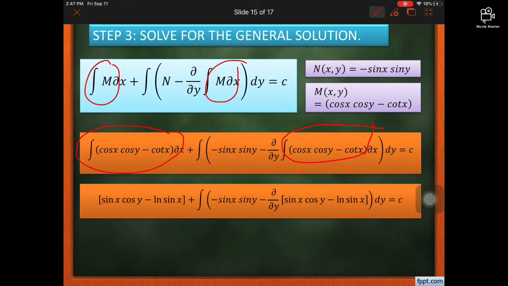So we treat the cosine y, or any function with variable y, as constant.